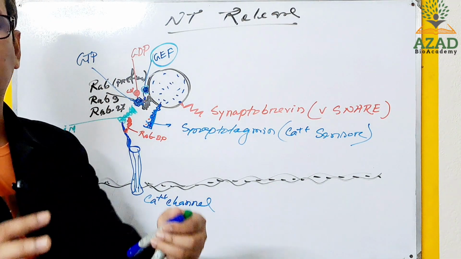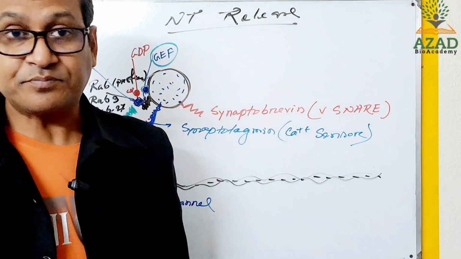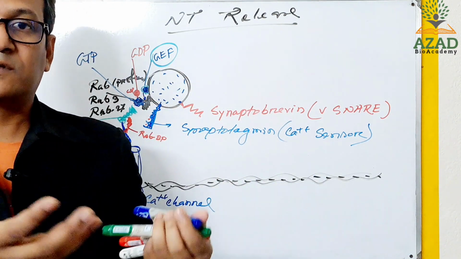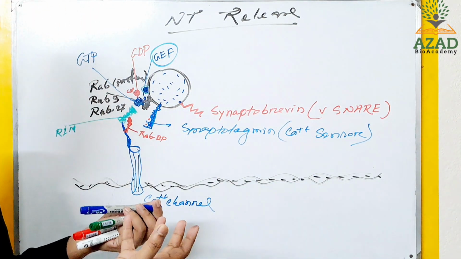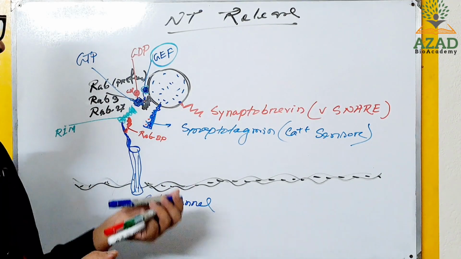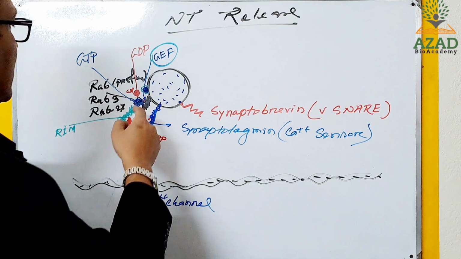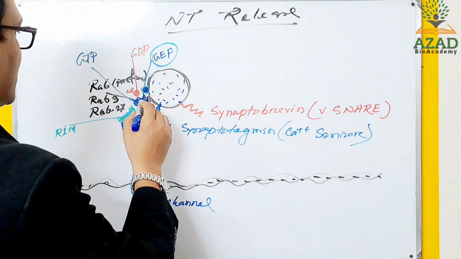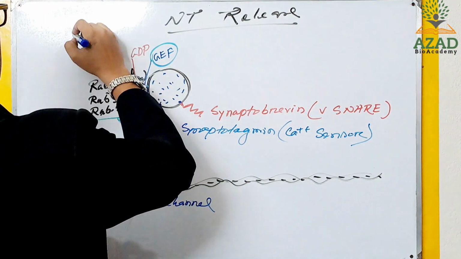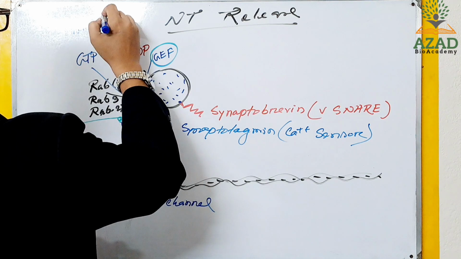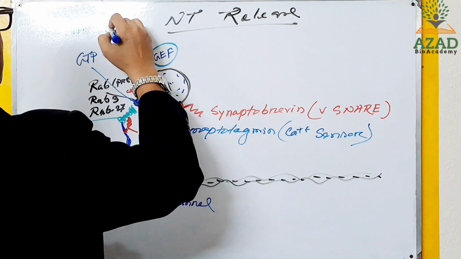You know the G protein has different subunits, alpha, beta, gamma, a heterotrimer. Here there is only a monomeric Rab protein. Rab protein is a monomeric protein, so you can say Rab protein is a monomeric G protein.